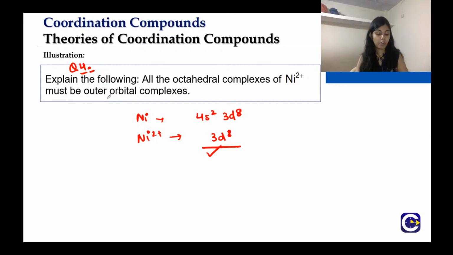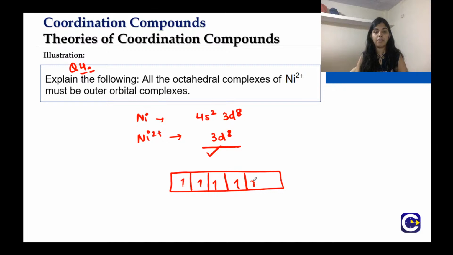Yes, C.R. Lakshmi, you are also correct for the previous question. So d8, if you see, this will be somewhat like this: 1, 2, 3, 4, 5 and then 6, 7, 8.